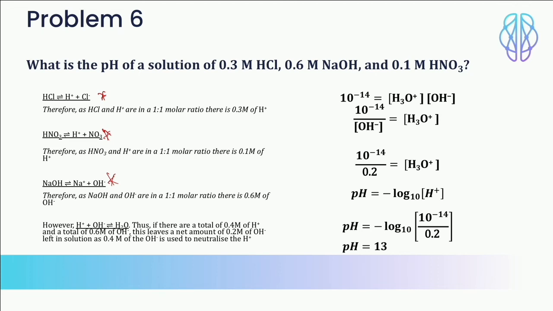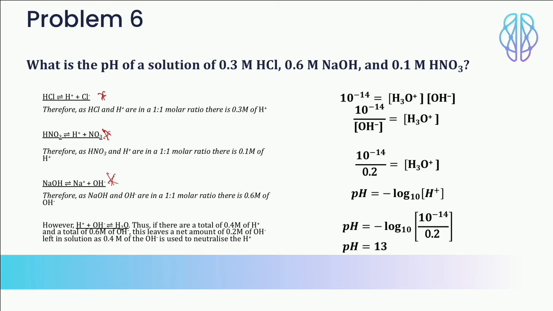To make things simple, everything is a 1-to-1 molar ratio. So there is 0.3 moles of H+ from the HCl, there is 0.1 moles of H+ from the HNO3, and there is 0.6 moles of hydroxide from the NaOH.